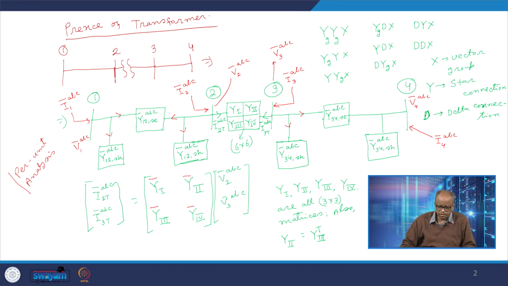For bus 4, this injected current is nothing but this current plus this current.